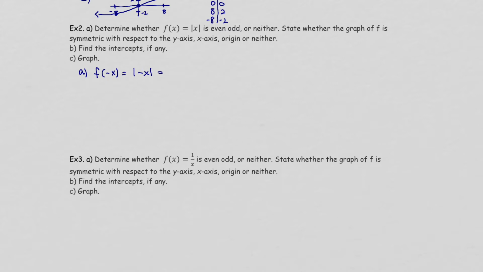No matter what sign you have inside of the absolute value, that's going to be the same as if you have a positive number, which is going to be f of x. So we end up getting back where we started, and we mentioned that's going to be an even function. And if it's an even function, this is going to be y-axis symmetry.